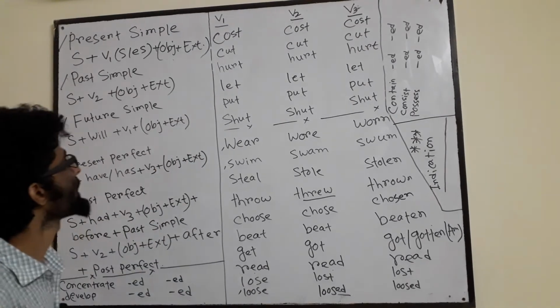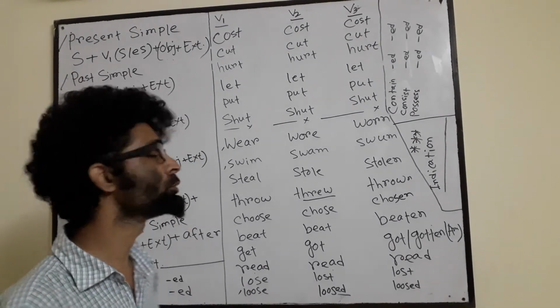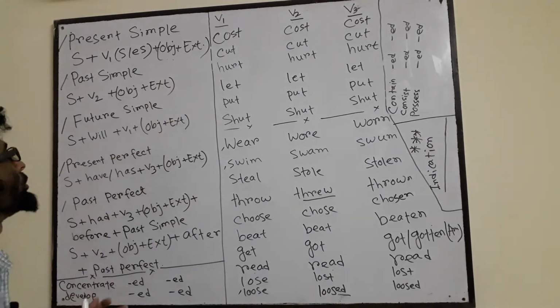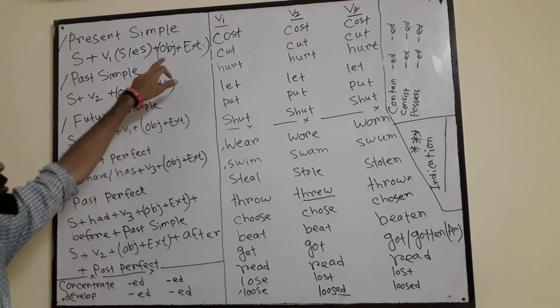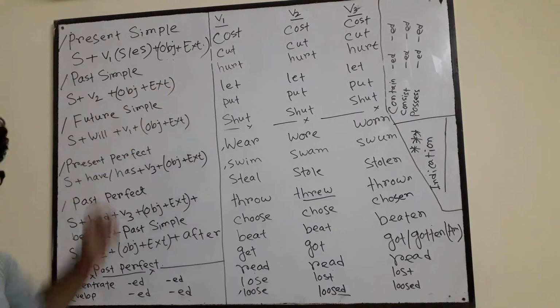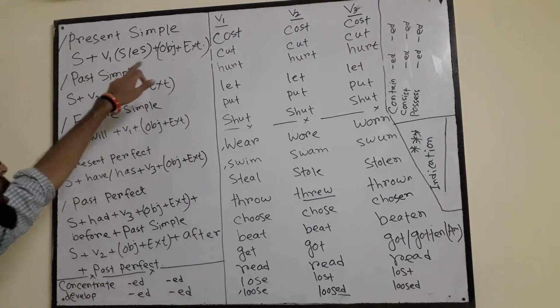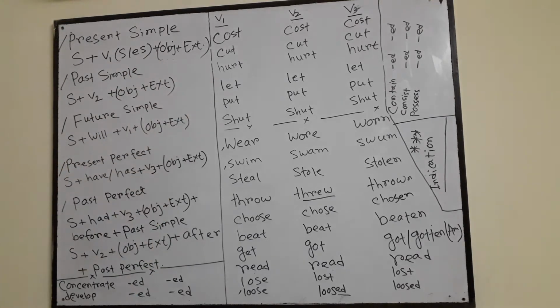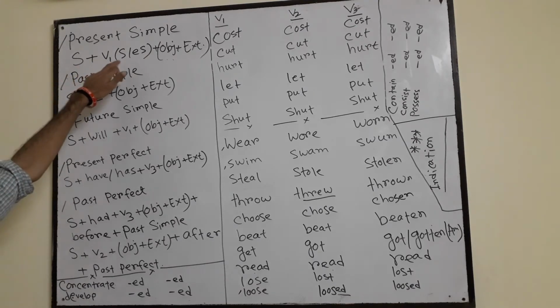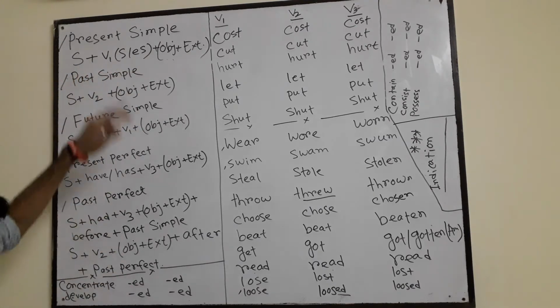There are some transitive verbs where we can use an object and extension. If the verb is intransitive, there will be no object. That's why I wrote it in brackets. Now, if you see the structure again, subject plus V1 in bracket S or ES, present simple.